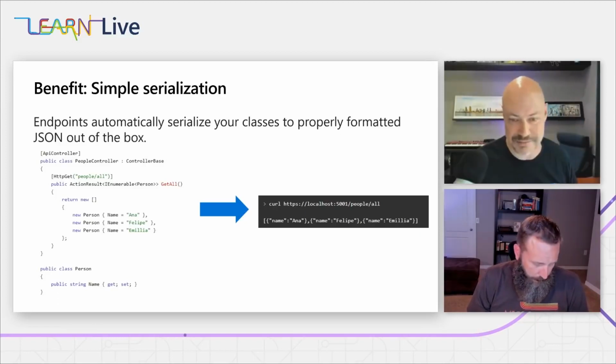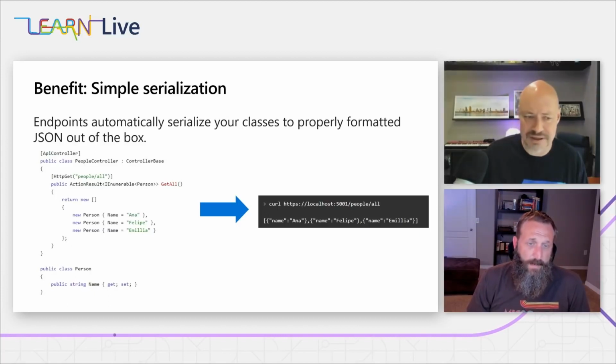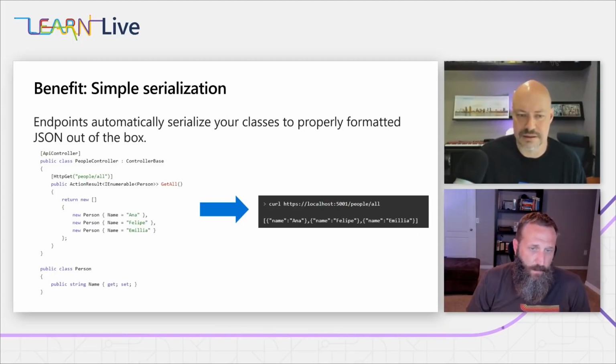That's definitely still a big thing. And it's nice that ASP.NET Core APIs can automatically, out of the box, package that up for you. By default it returns JSON, which is what most web front ends or most API clients will understand easily without having to write custom parsers.